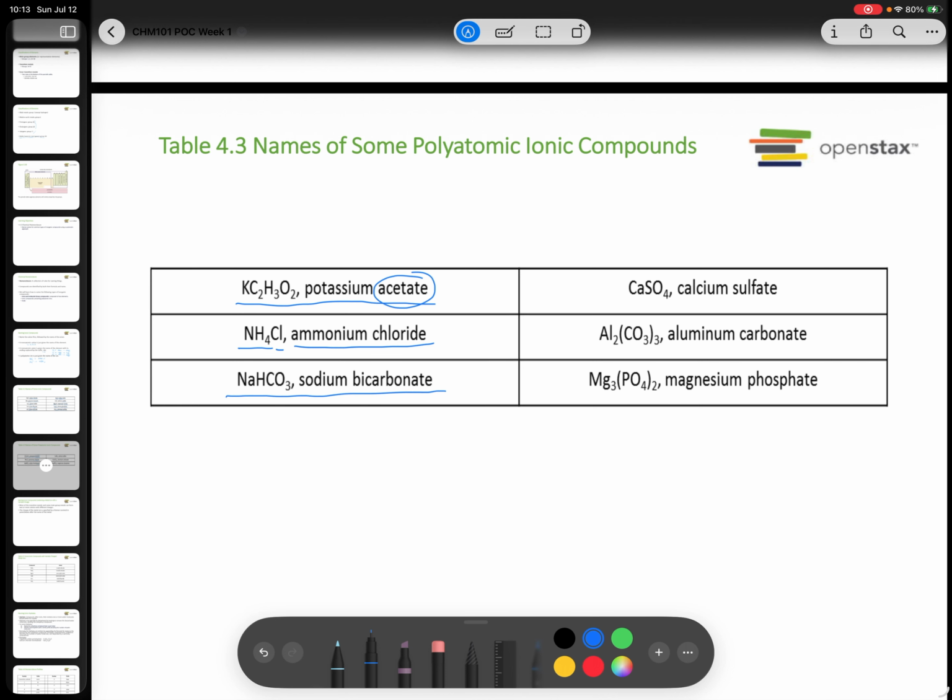So, ito medyo specialized. We have here HCO3 minus, no? Yun yung bicarbonate ion, no? Bicarbonate ion. So, we have here, ito, calcium sulfate. Yan. We have here aluminum carbonate. Okay. And then we have here magnesium phosphate, no? So, same pa din.